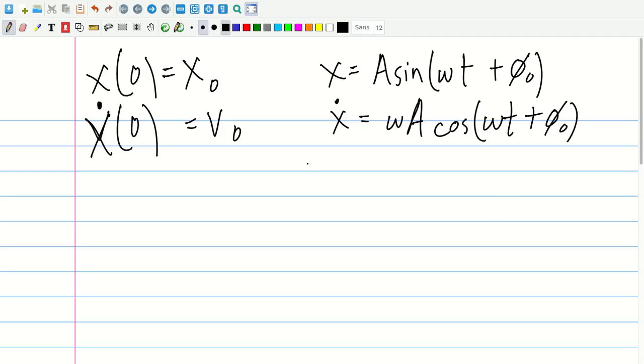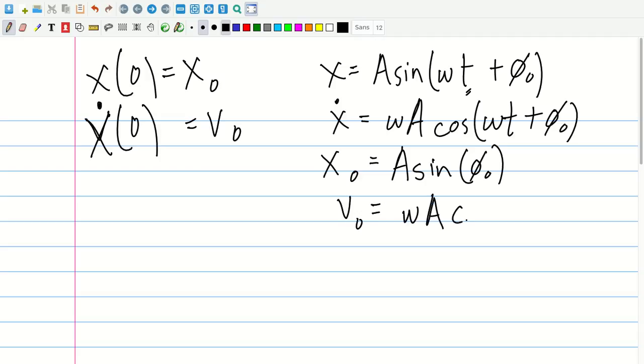So when you plug in t equals 0, you get that x0 has to be A sine of phi 0. For x dot, which is just v, I'm going to call it v0, that is omega A cosine of phi 0.